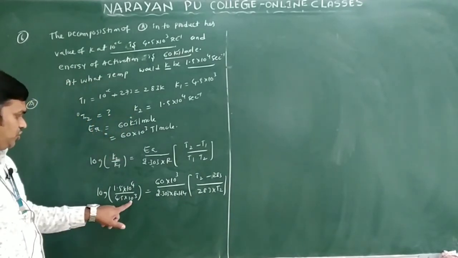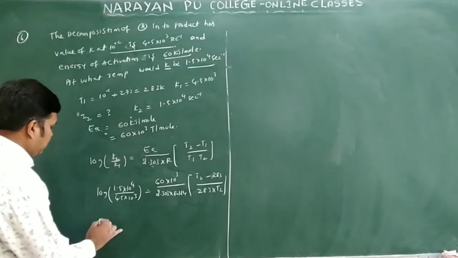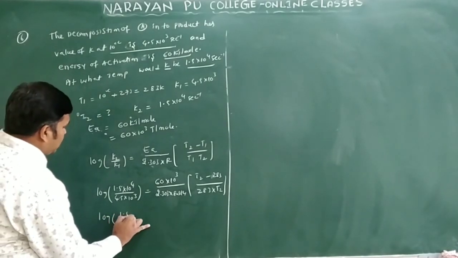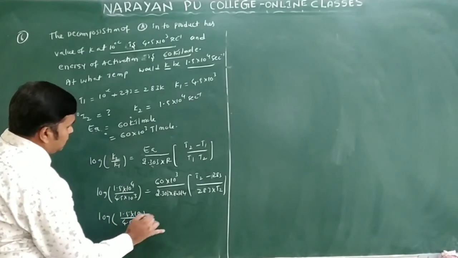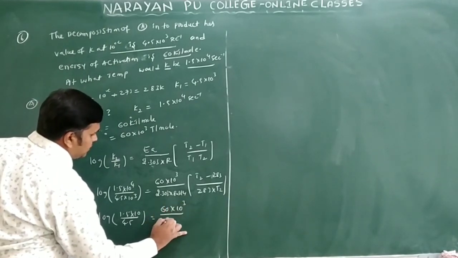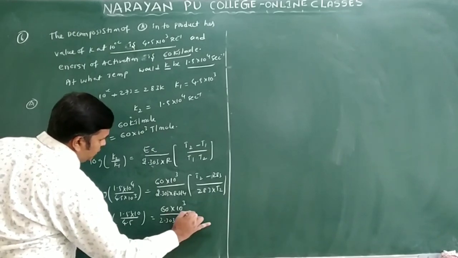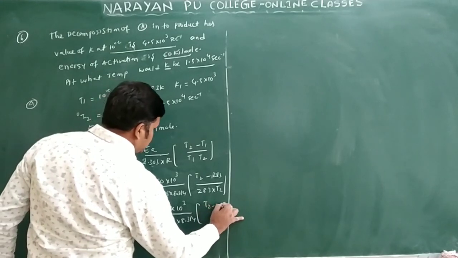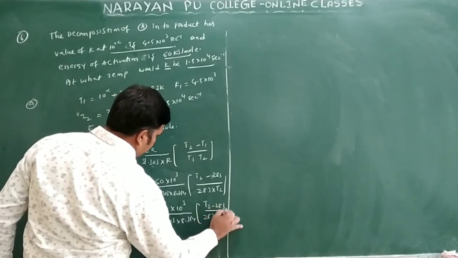So 10 cube is there, 10 power 4 is there, 10 cube cancels, then what you will get here? You will write log 1.5 into 10 by 4.5, this is 60 into 10 cube by 2.303 and 8.314 into T2 minus 283 by 283 into T2.